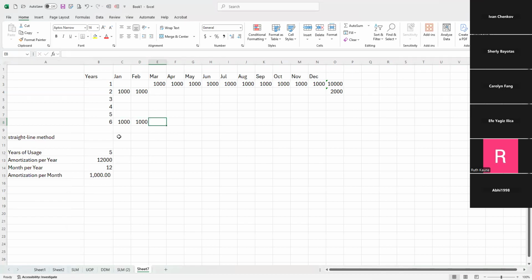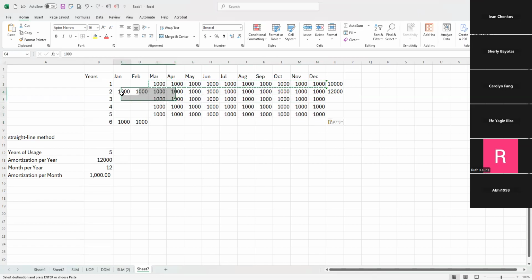That's why we're going to have 5 years, because in the first year we're going to have 10 months, then a full second year. Let's put this number here, and we need those numbers right here.